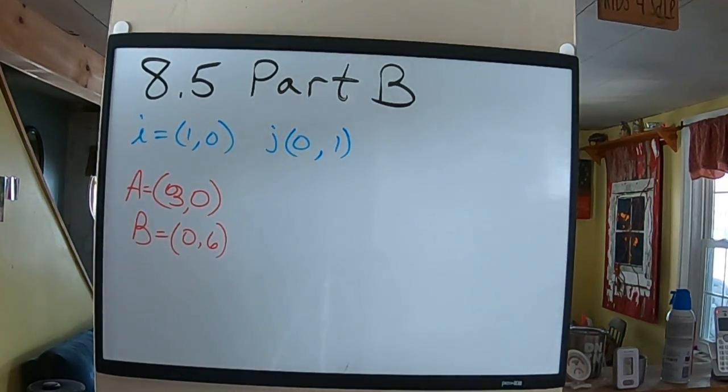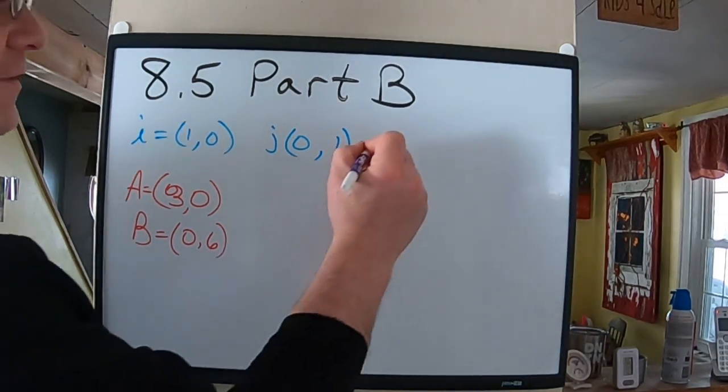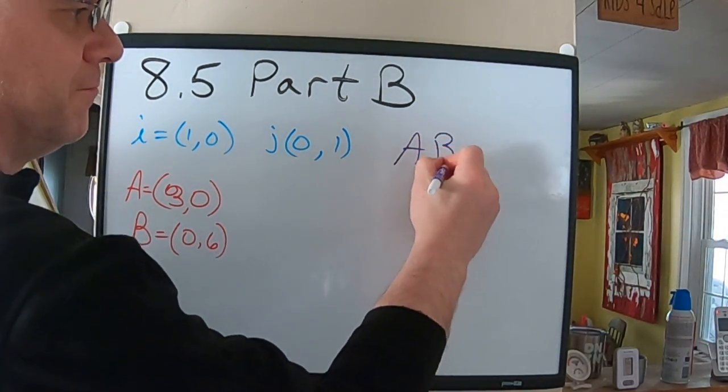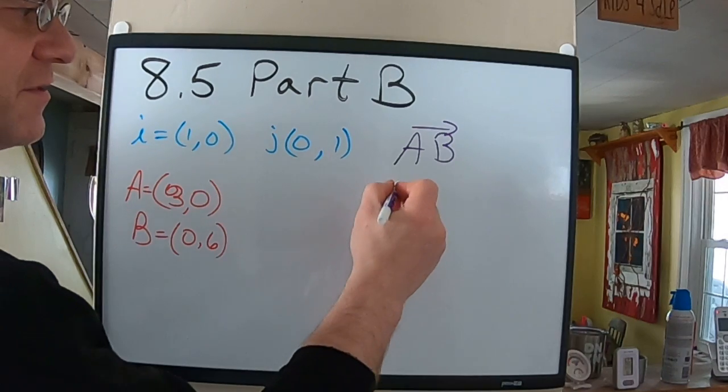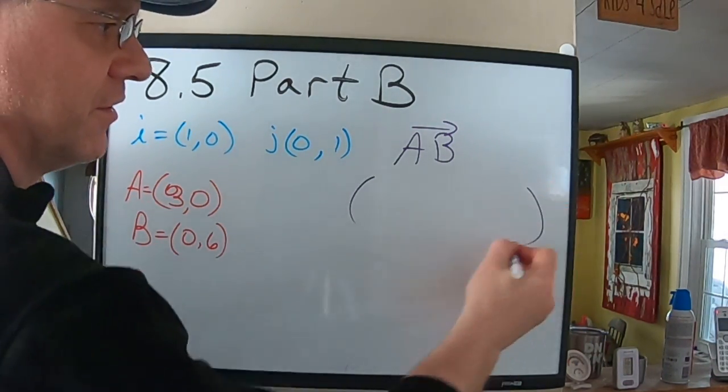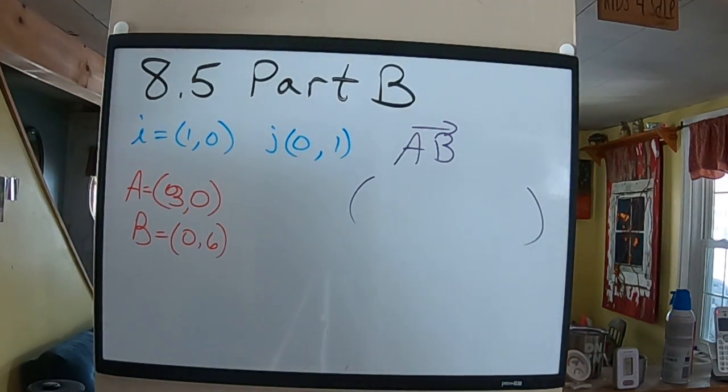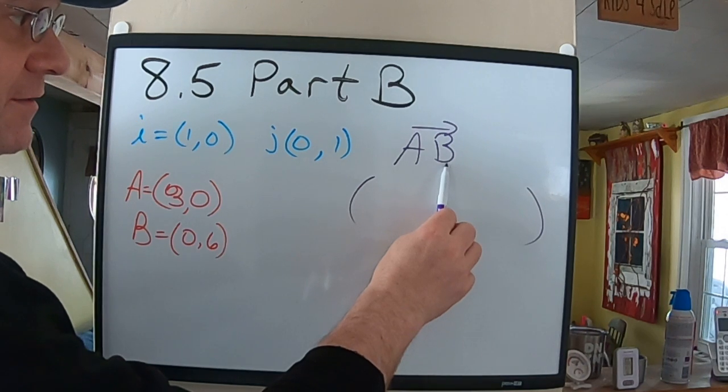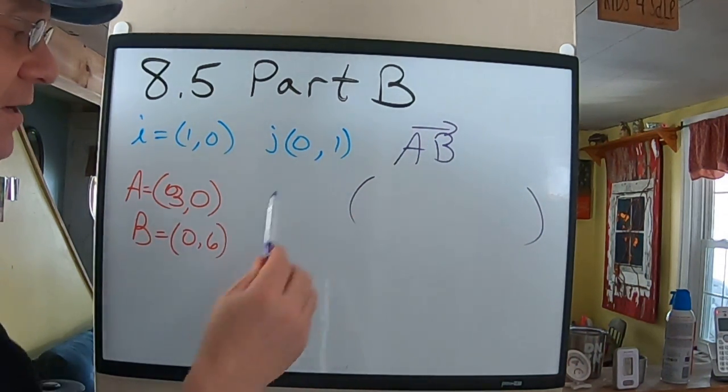And they want you to take those two, and first they want you to find the end point of the coordinate if you took vector AB. So vector AB, remember, to find these coordinates, you basically take the last part minus the first part.